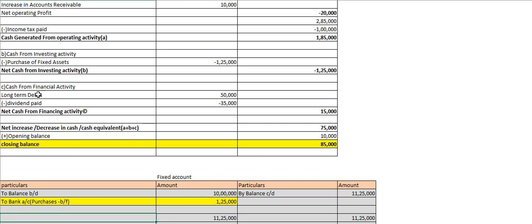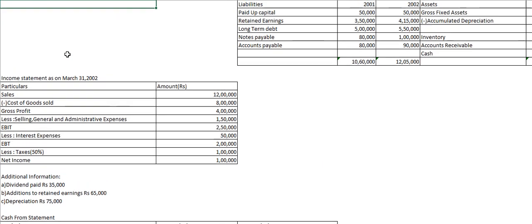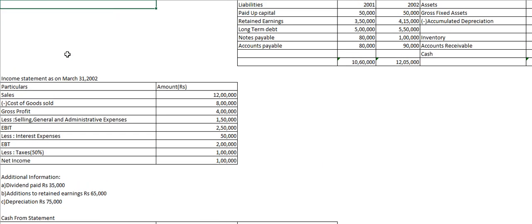Now the third part is cash from financial activity. So if you see in that, you will only look into the equity shares, long-term debentures, long-term borrowings, all that. So if you see your paid up capital, it is equal, so you will not consider it. If you see long-term debt has increased, so you will add the increase because it is inflow of cash.